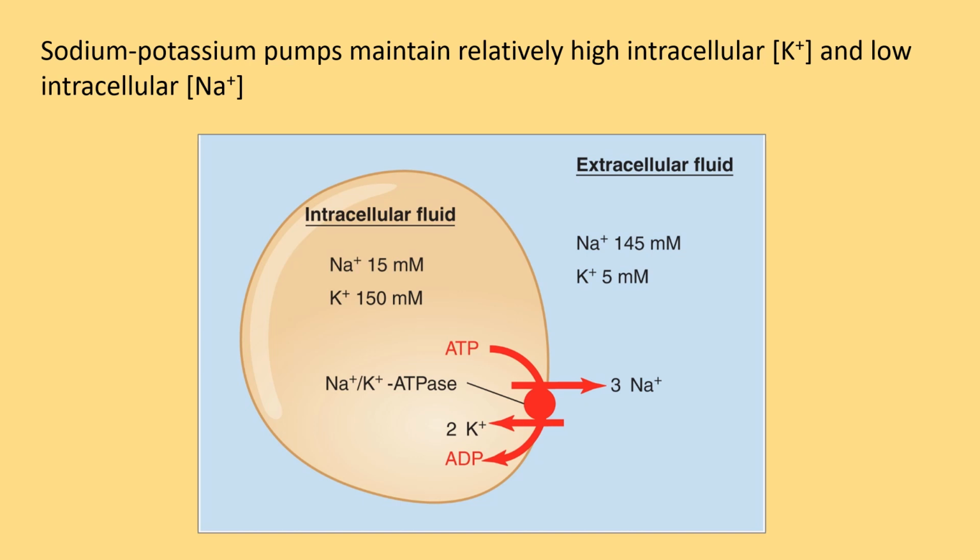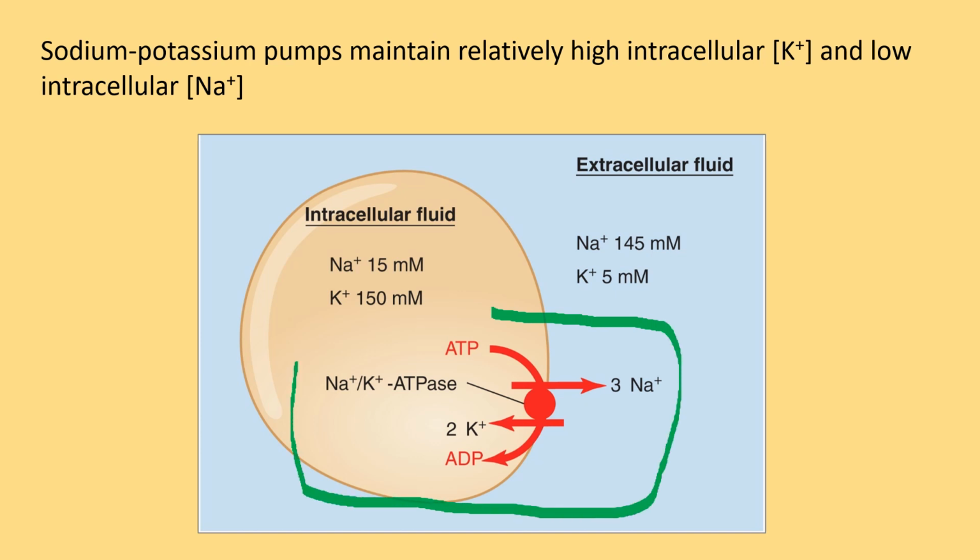So this is a summary image. It shows us the sodium-potassium pump that we were just speaking of. Here, the sodium-potassium pump itself is represented by the red ball, the red dot, in the plasma membrane. And we can see very clearly that for every 1 ATP that gets cleaved into ADP, the cell is able to expel 3 sodium ions and import 2 potassium ions.